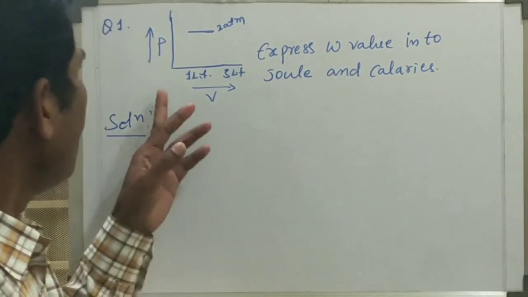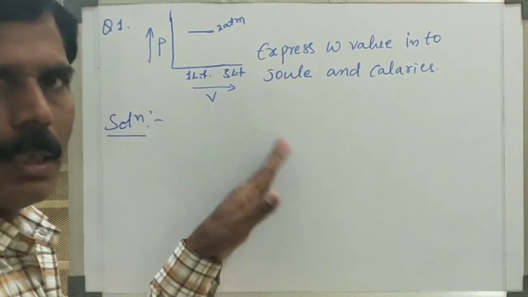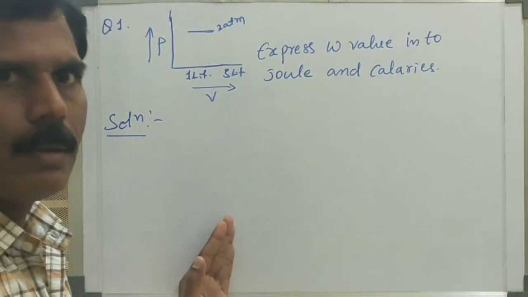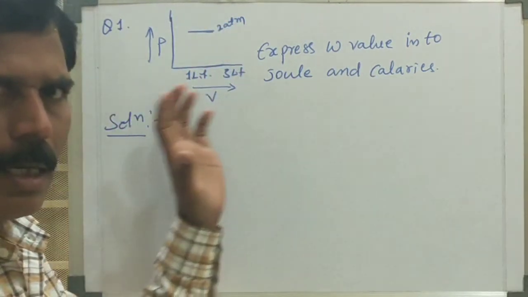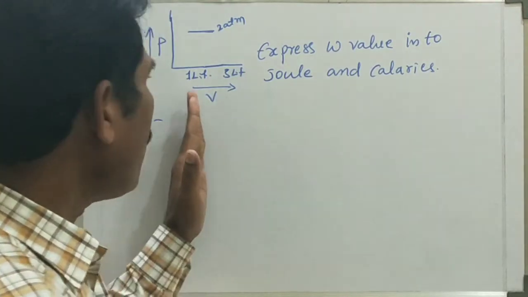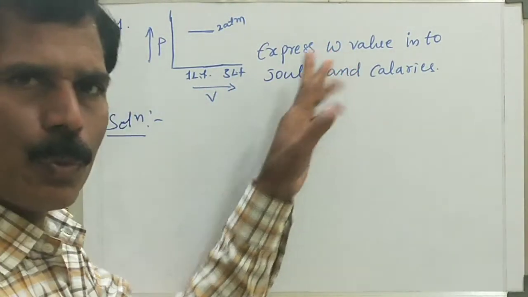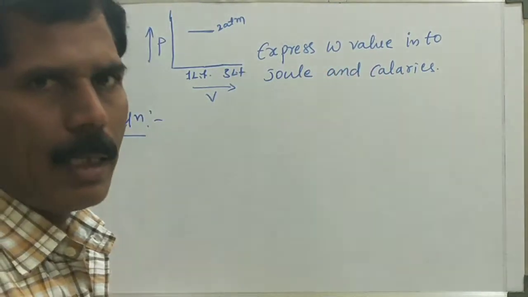Students, let us see a model question on how to convert W value into joules and calories. In the previous video we already discussed a similar problem. Here especially we are going to see how to convert the work done value into joules and calories.